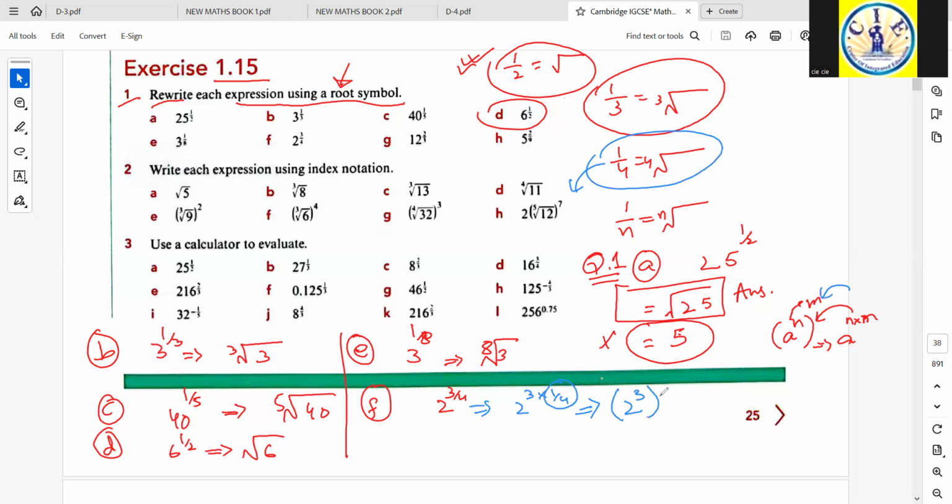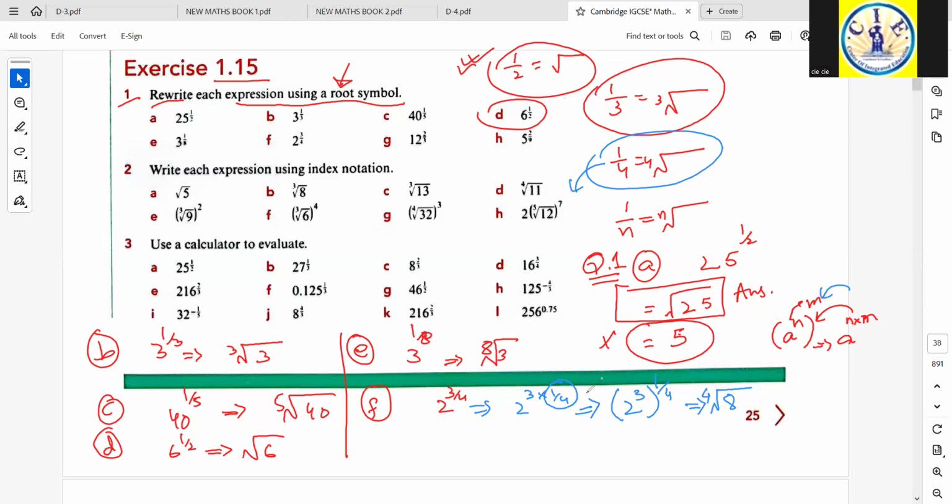I can write 2 raised to power 3 whole raised to power 1 by 4. So that could give me 8 and then fourth root of it.